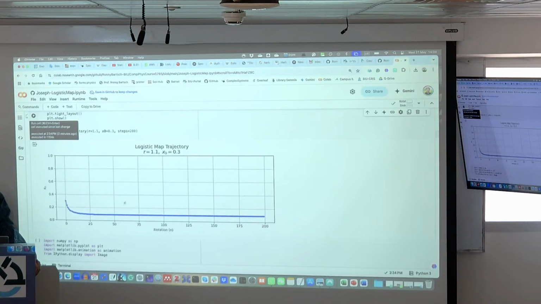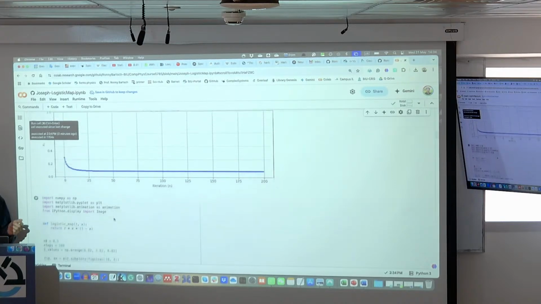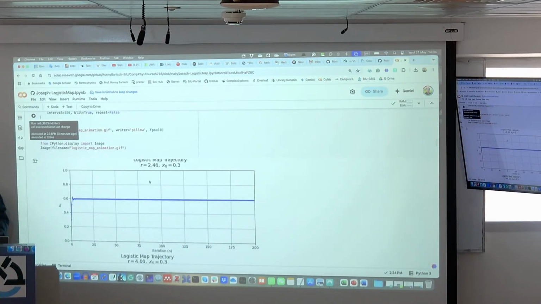Yeah, so now you can see it converges to a non-zero constant. Yes, because you are above 1. So let us plot a graph for this. I will change the r over time, and you will see how it changes.